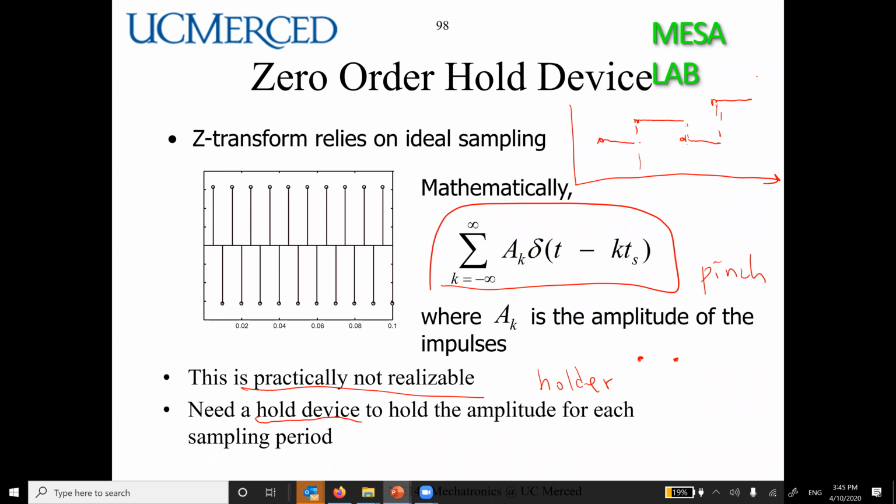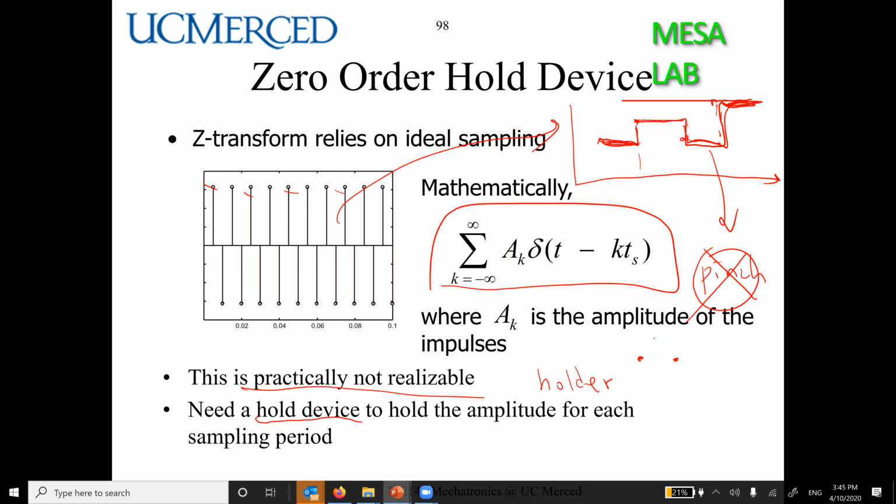The holder makes the discrete dots into a constant-holding staircase type of signal like this. Then you apply this to the real system, and it is no longer a pinch. It's called a piecewise stepping signal.